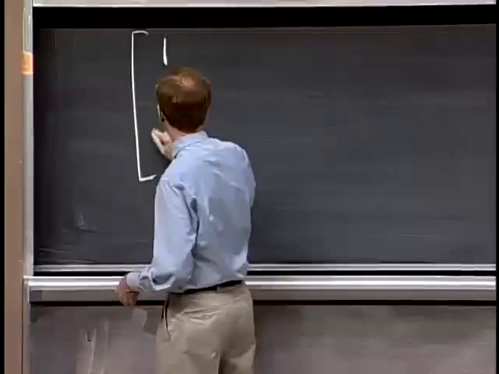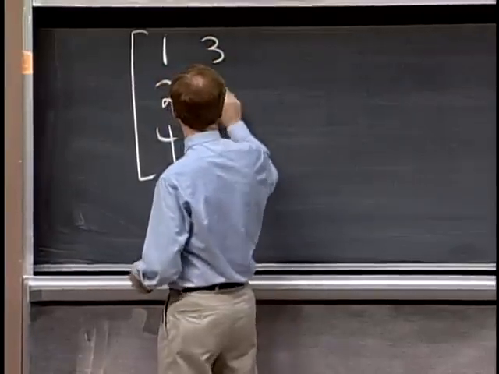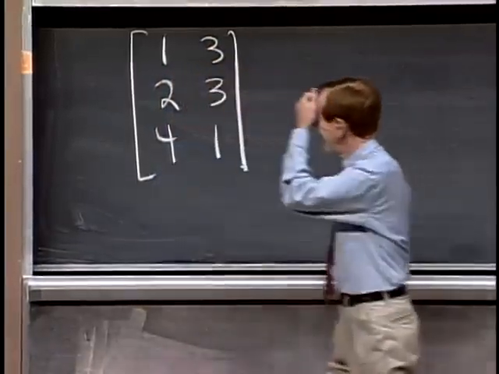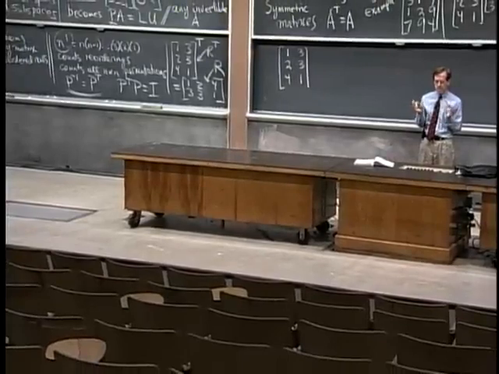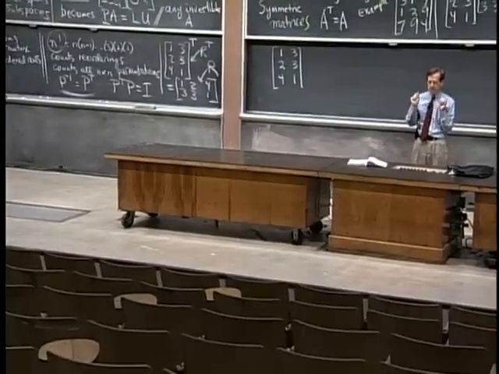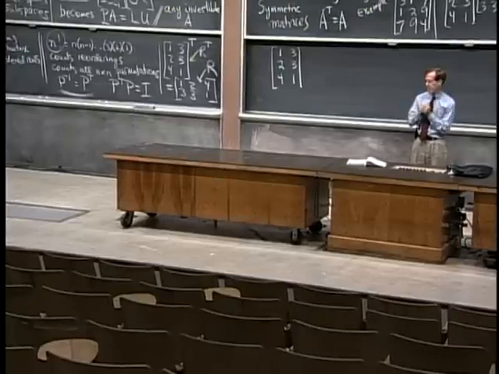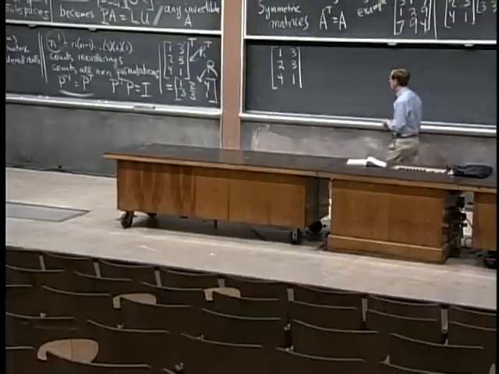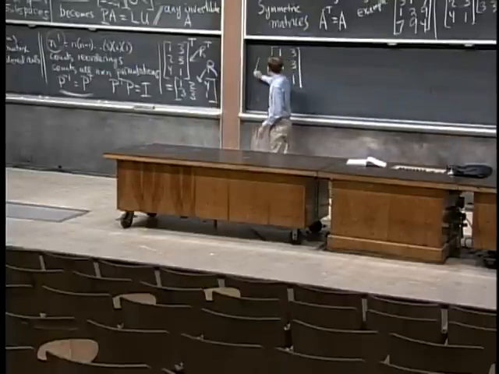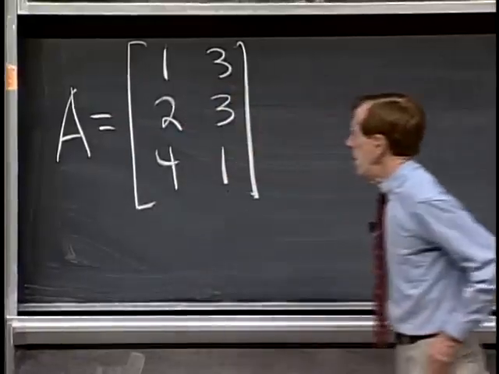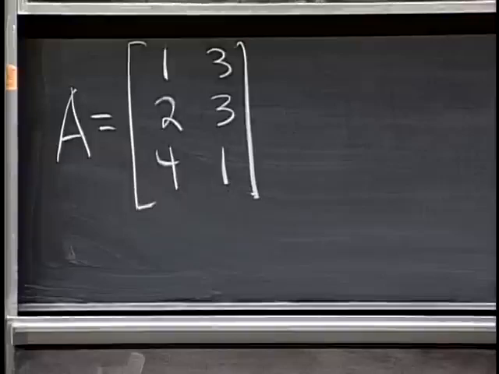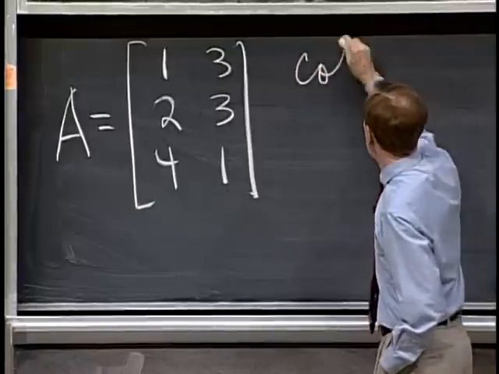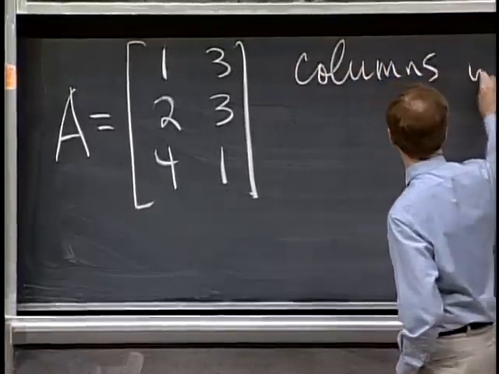Well, one subspace is from the columns. This is the important subspace, the first important subspace that comes from that matrix. Let me call it A again. I'm looking at the columns of A. Those are vectors in R3. So the columns are in R3.